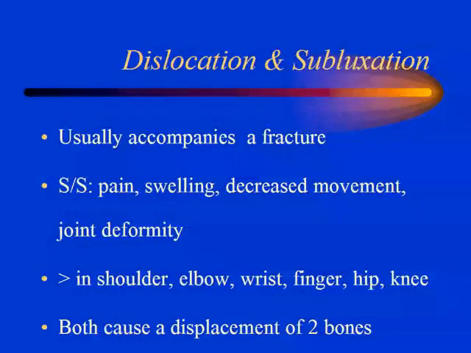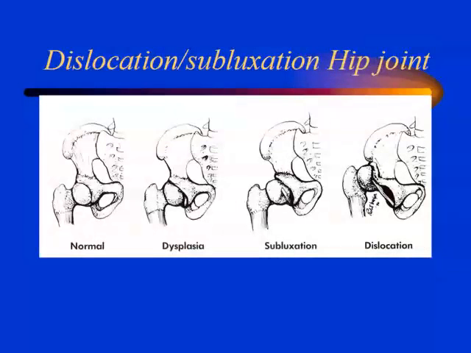It tends to occur mainly in your shoulder, elbow, wrist, finger, hip, and knee. Both can cause a displacement of the two bones, the dislocation or the subluxation. And here we've got a normal hip on the far left, then dysplasia, then subluxation and dislocation. And you can see how the hip joint has been affected.